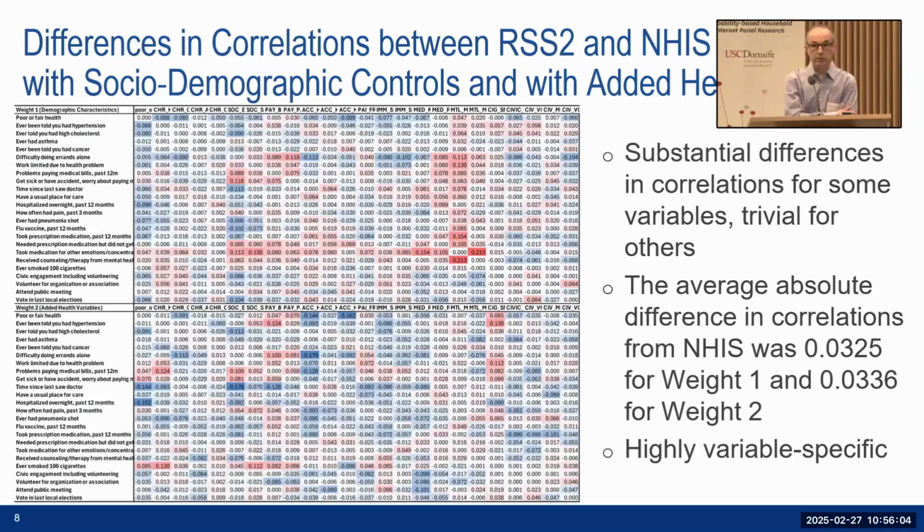One thing to point out, I think one main thing to point out, on average, the correlations differed by 0.03, which is not insignificant when you think about correlations in social science. And that was fairly consistent no matter how much we did the weighting, right?